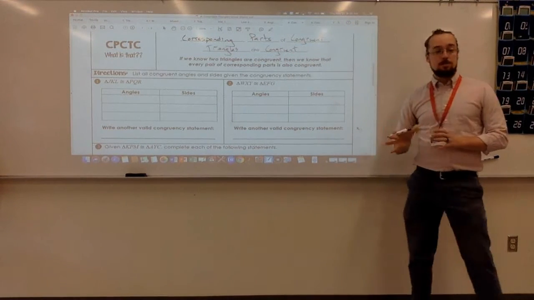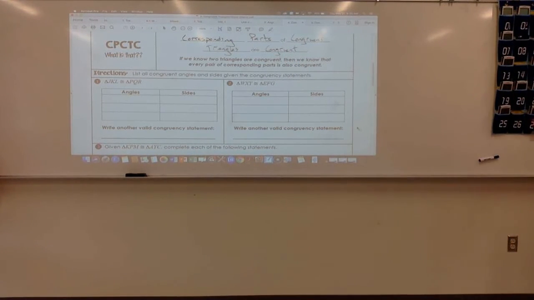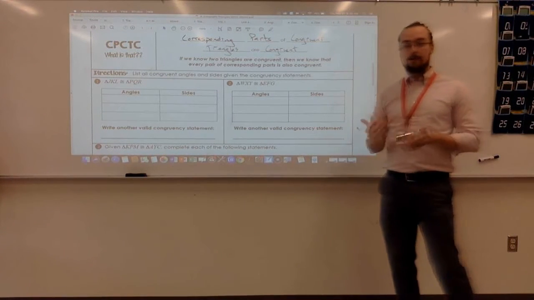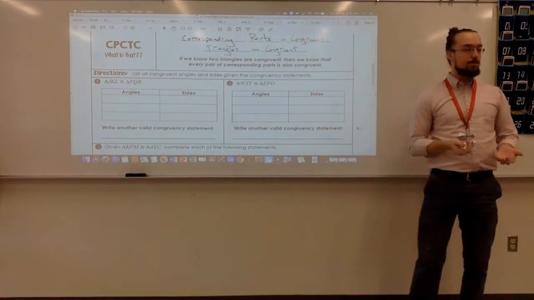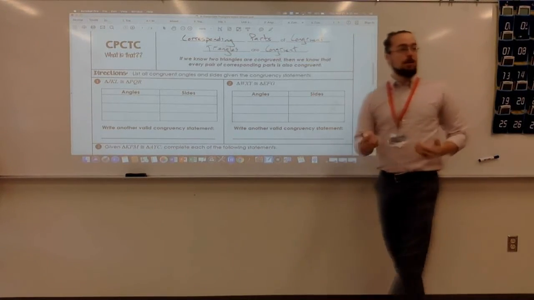What this means is if I know two triangles are congruent, then every pair of corresponding parts has to be congruent: all three pairs of sides and all three pairs of angles.